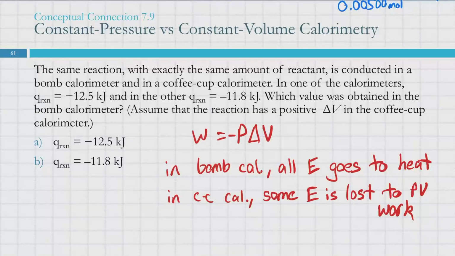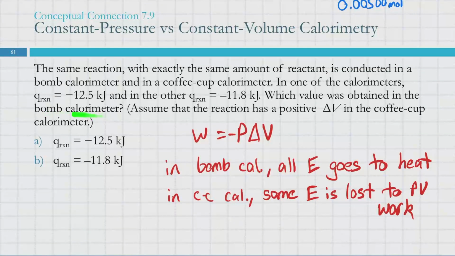So a little bit of our energy goes towards expanding our gas or just expansion generally. That is work. So which of these values was obtained in the bomb calorimeter? We didn't lose any energy to work. Does that mean that we have more energy for heat or less energy for heat? More energy for heat. And so the correct answer would be A.